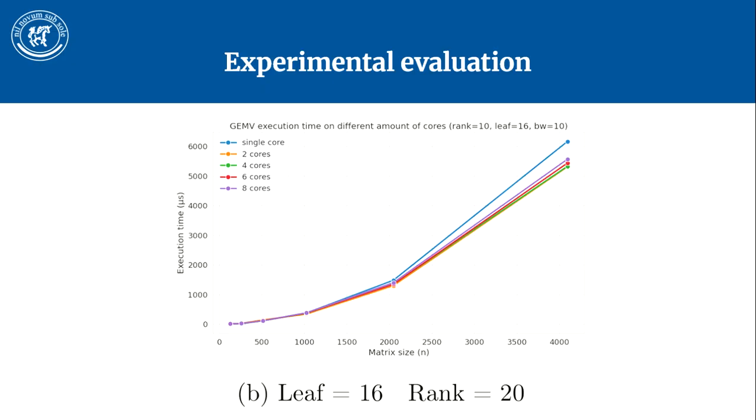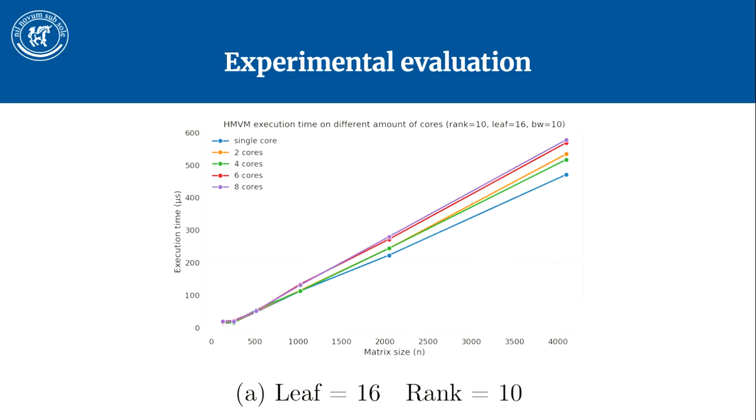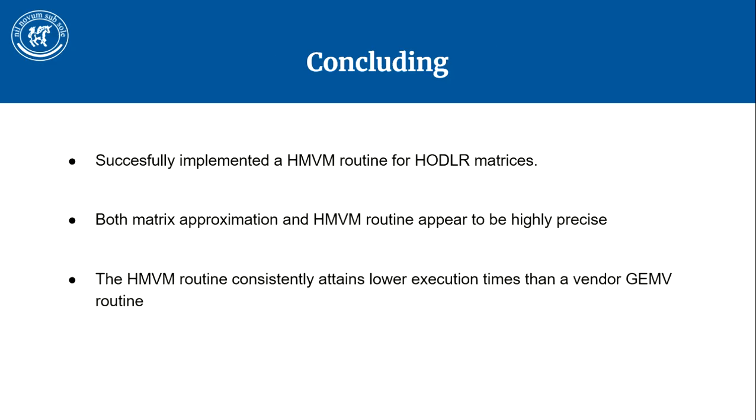But we still see that execution times, even when using parallelism for the general matrix vector, are still quite superior to the hierarchical matrix vector product, since in this case the y-axis ranges from 0 to 6,000, and for the hierarchical matrix vector product, which I showed just before, it ranges from 0 to 600.